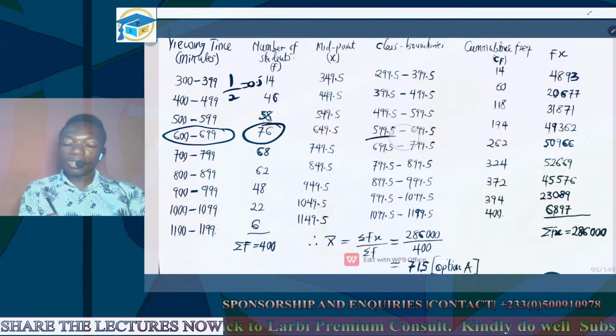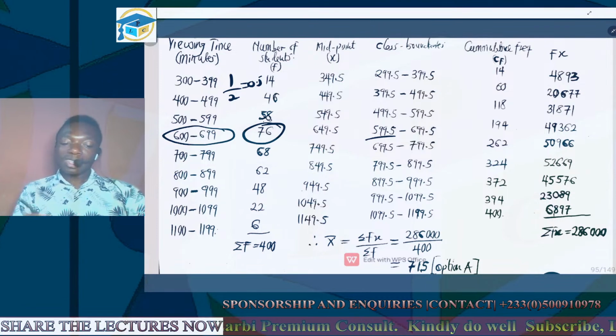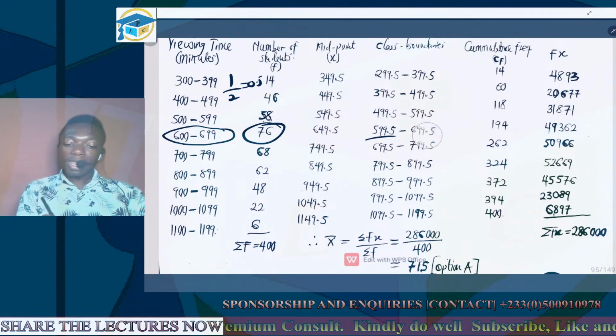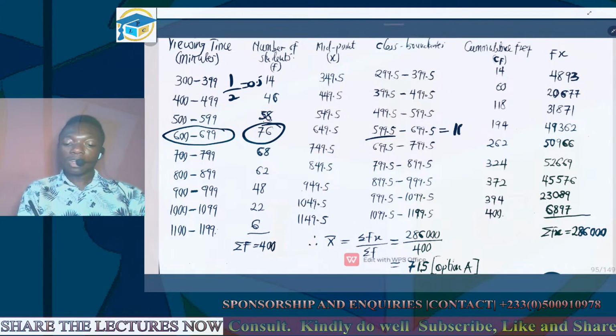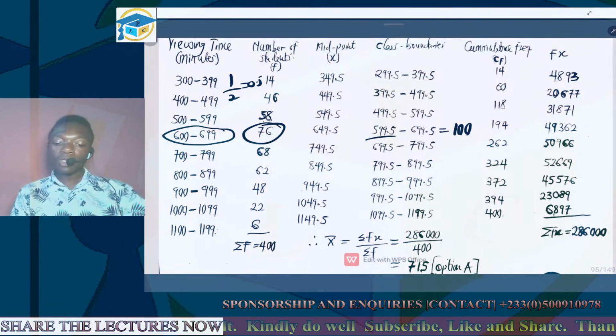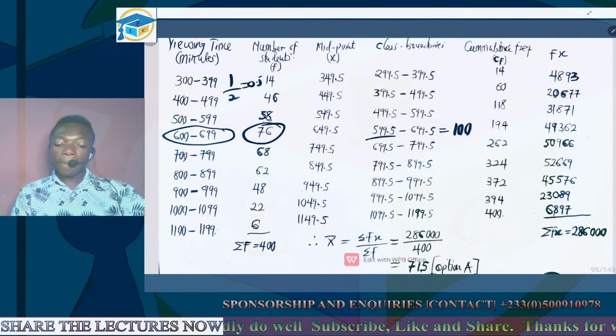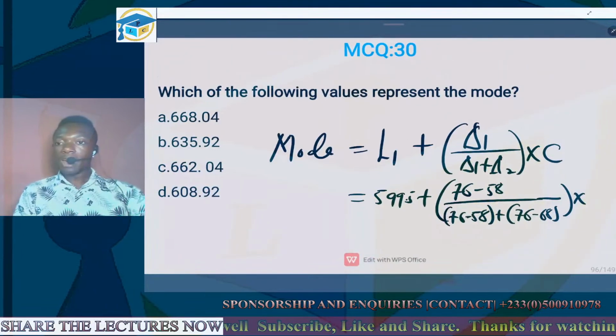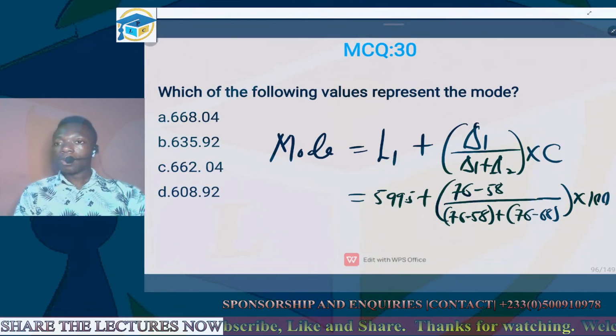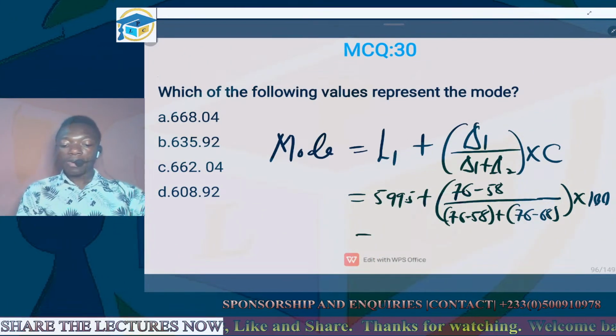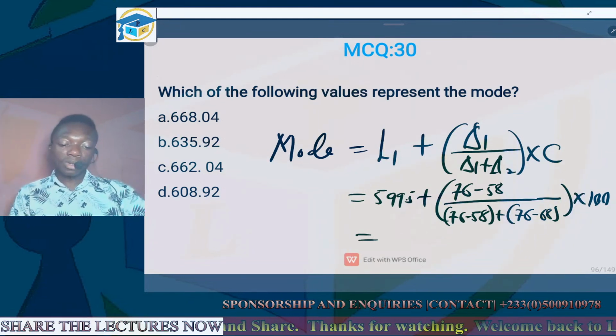When you take the difference, you're supposed to get 100. So once you get that, you multiply by 100, and whatever you get should be the answer to this particular case.